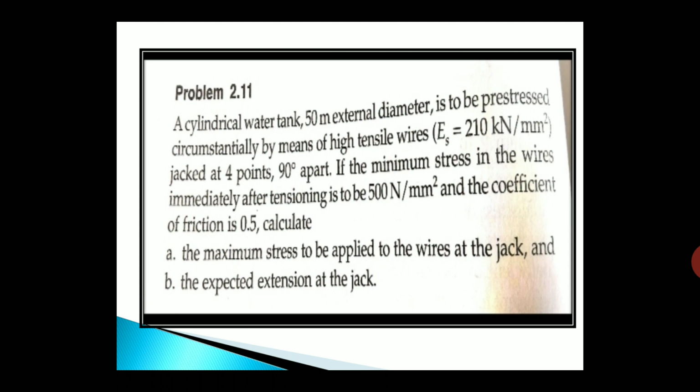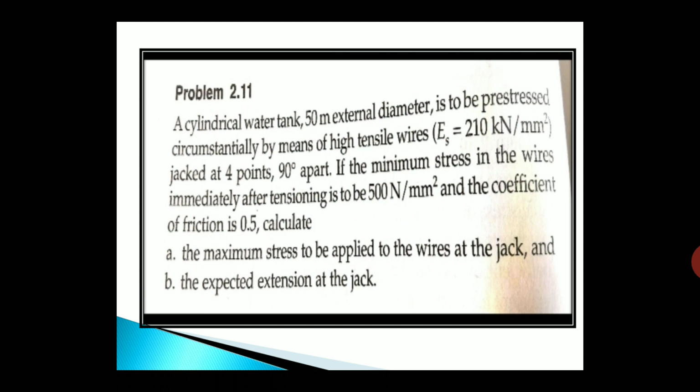So what we want to achieve is a minimum stress in the wires immediately after tensioning of 500. Minimum we should have 500. That is given data, and it's a hint which we are going to use further in the solution. What we have to calculate is the maximum stress applied to the wires at the jacking end and the expected tension at the jack.